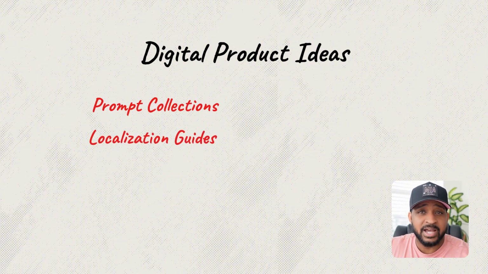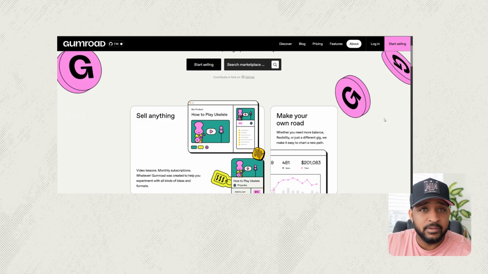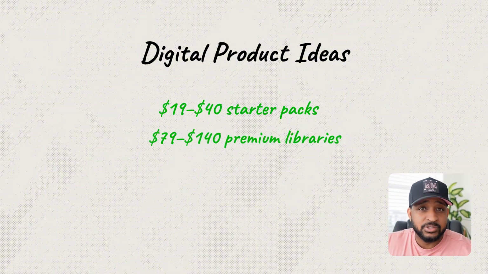Next, localization guides, something that teaches how to convert a single creative into cultural variants that can be used in different regions. Then, creative checklists, something that teams can apply before publishing their work. You can sell these on Gumroad for anywhere between $19 to $40 starter packs, or $79 to $140 premium libraries. This is content you create once and sell over and over again.